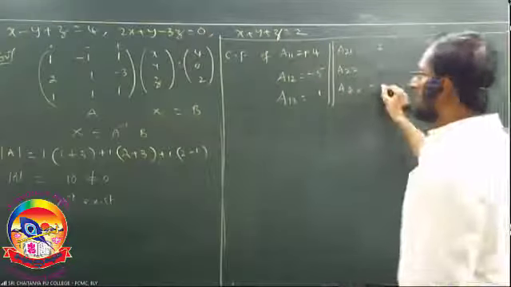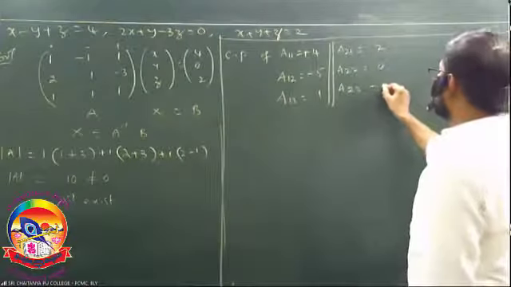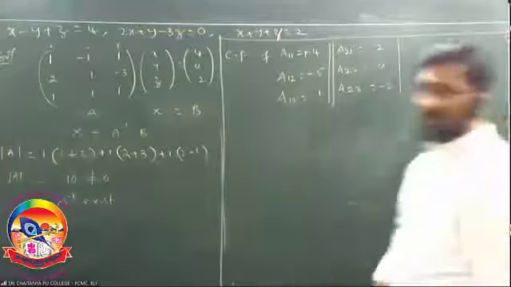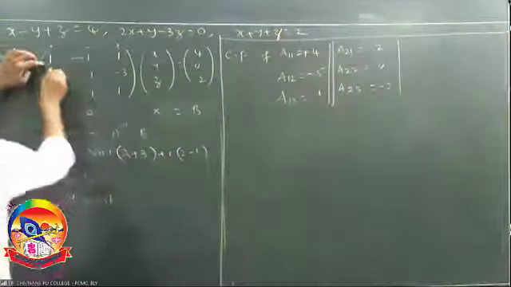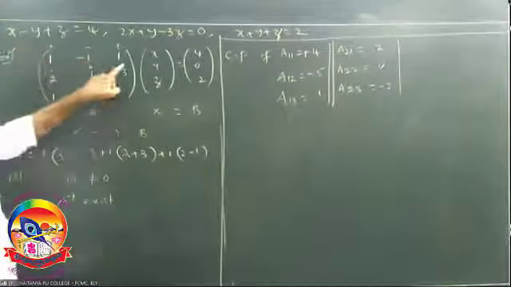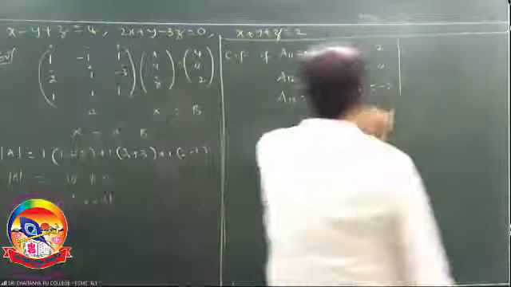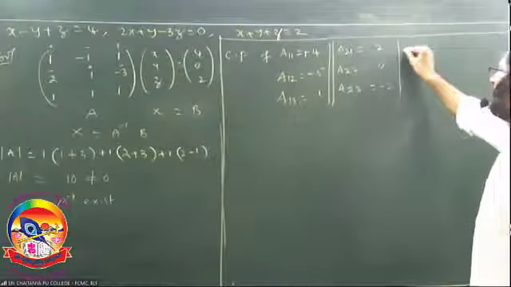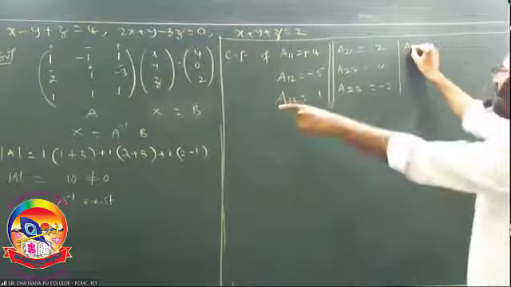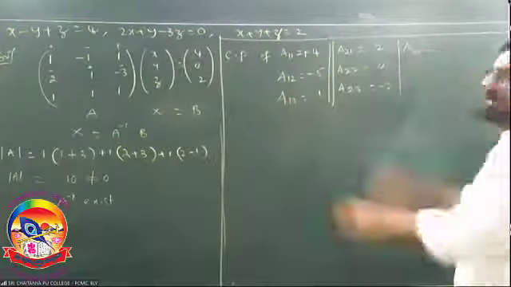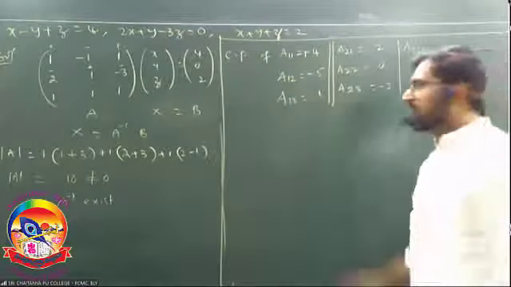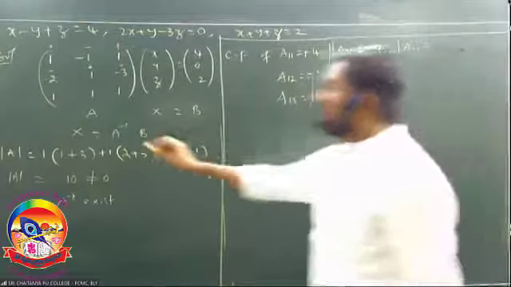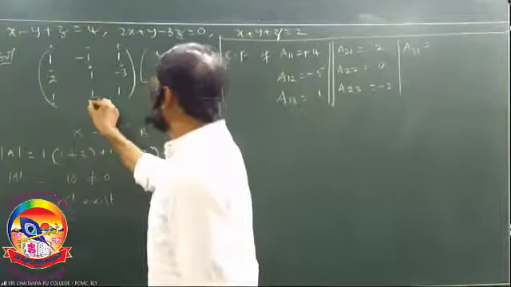It is 2, but you are going to get negative, so it is minus 2. Observe here: negative, positive, and negative. So you are going to get negative 2, which is nothing but minus 2. And the cofactor of the last row element, A31, third row, first column, equals, observe here, again positive, negative, positive.